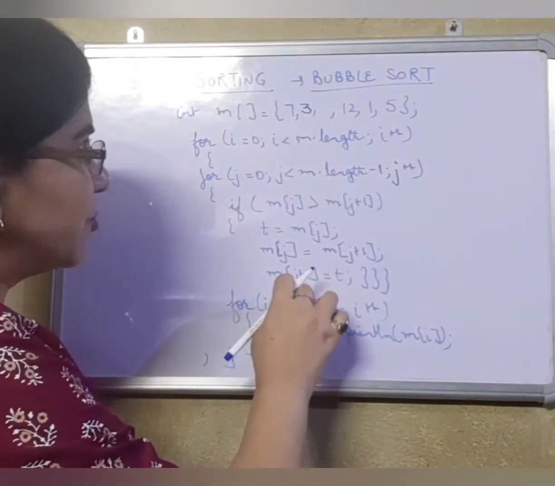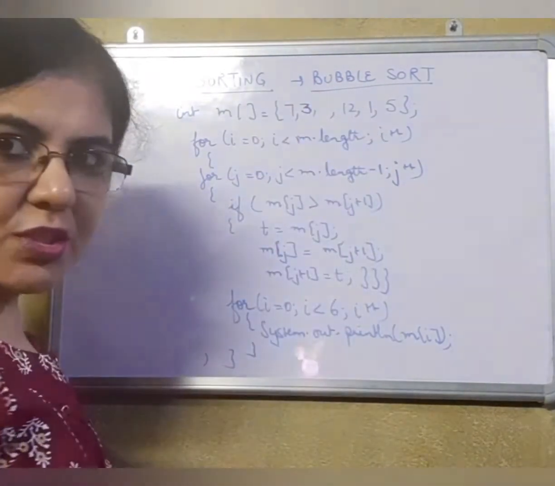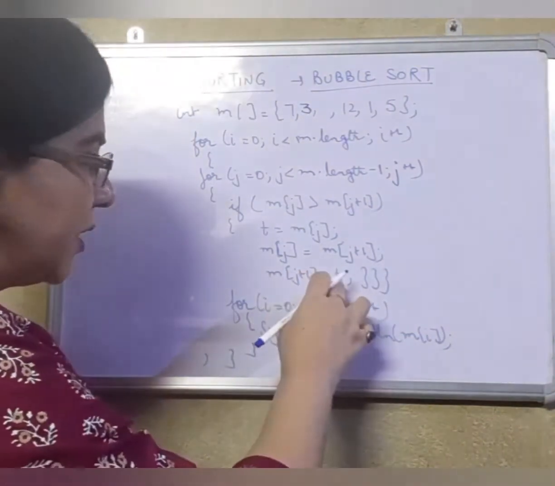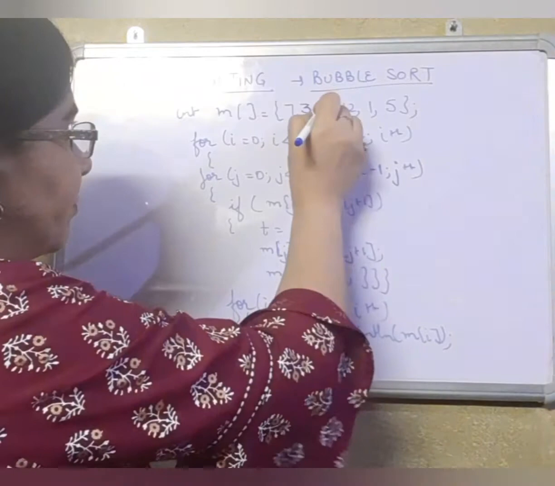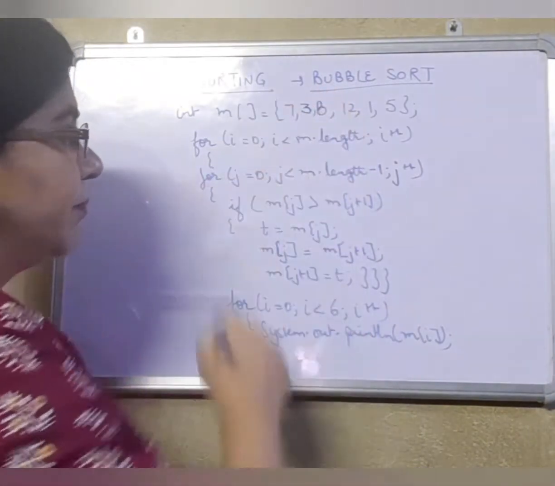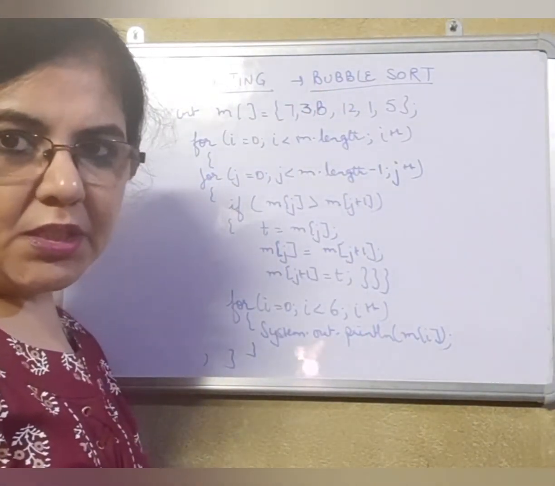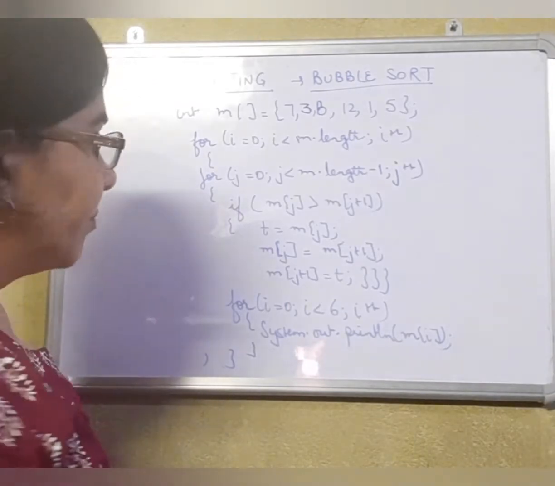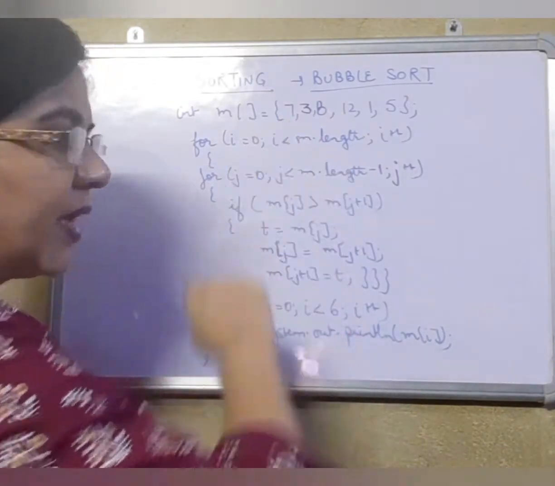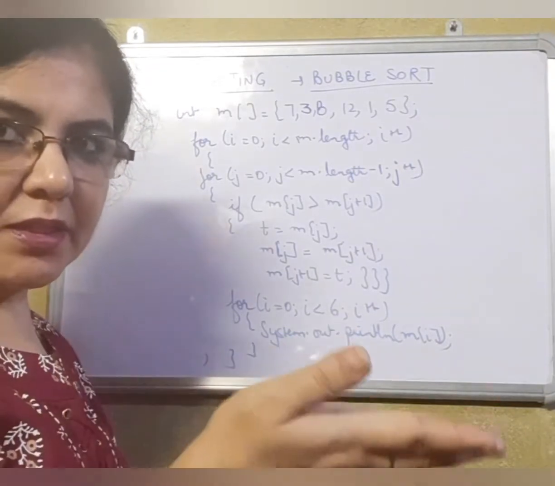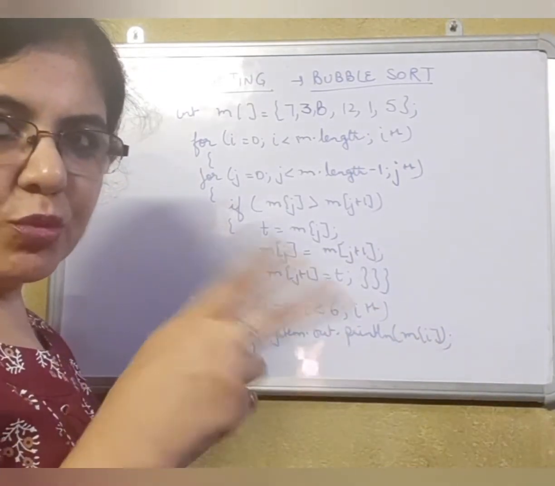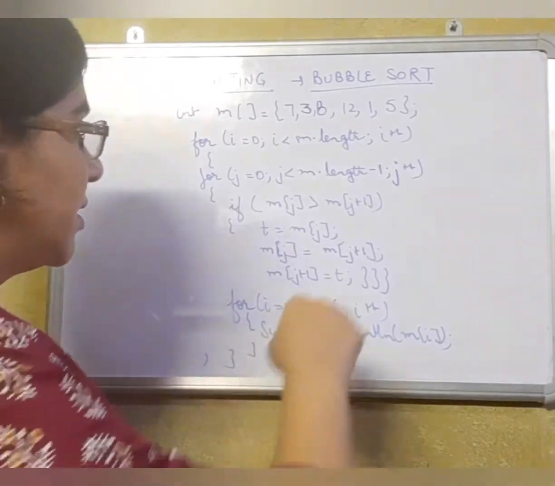And m[j plus 1], this position of 3, which is now empty, will contain the value present in t, and t was having what? 8. So it becomes 7, 3, 8. That means swapping has taken place. Whenever a number finds that it is bigger than the neighboring number, both of them will exchange their places.